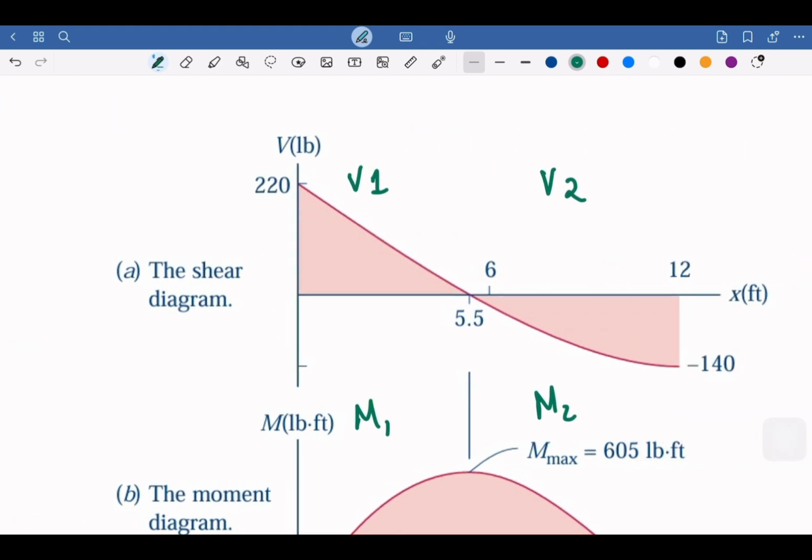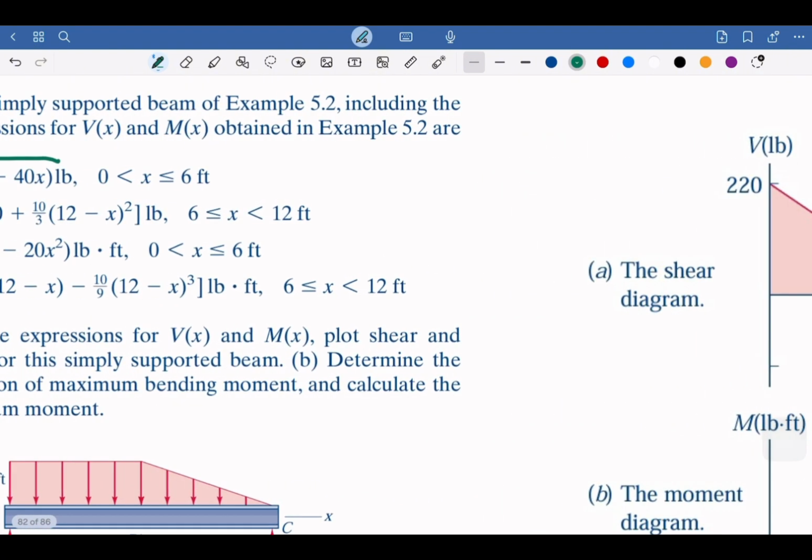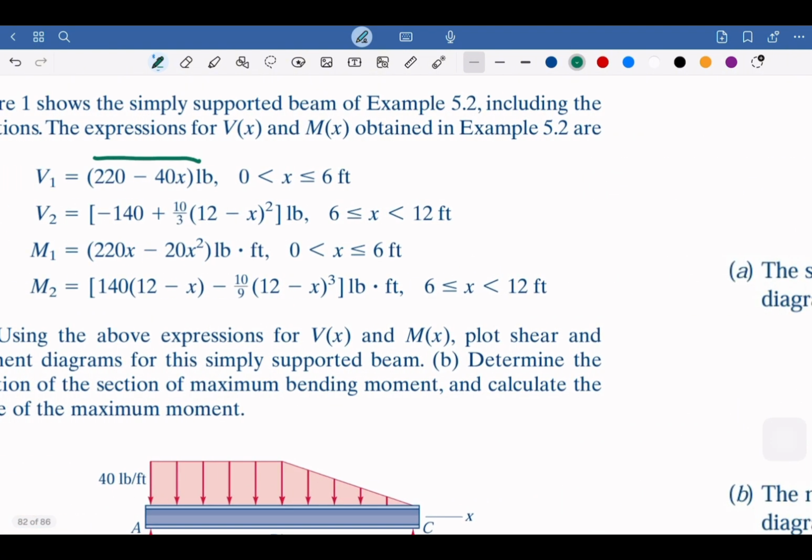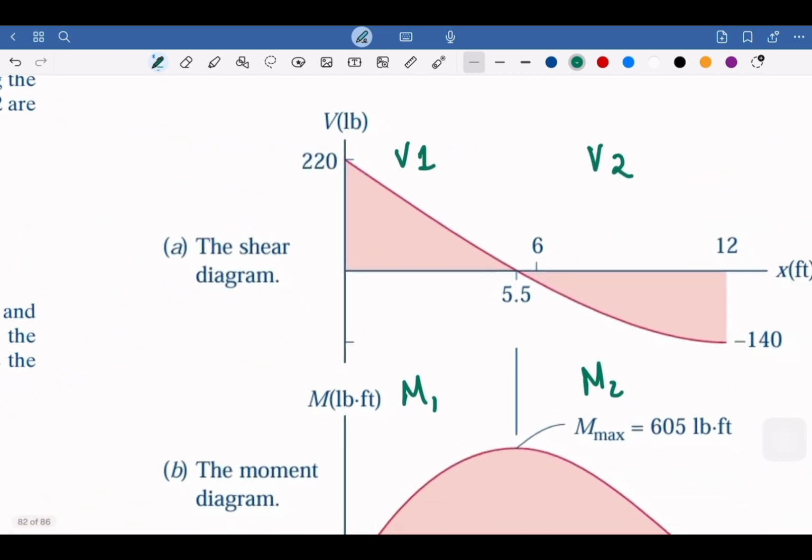At a certain point it crosses this axis, at 5.5 feet. At 5.5 feet the shear force shifts to 0, and then it is going downhill after element 1. That is V2.